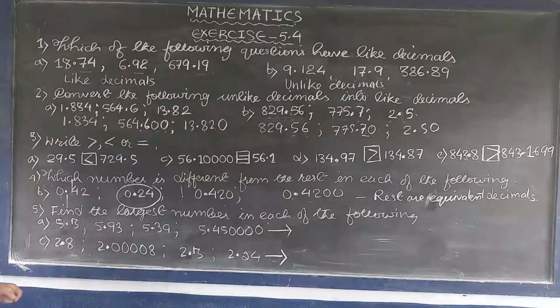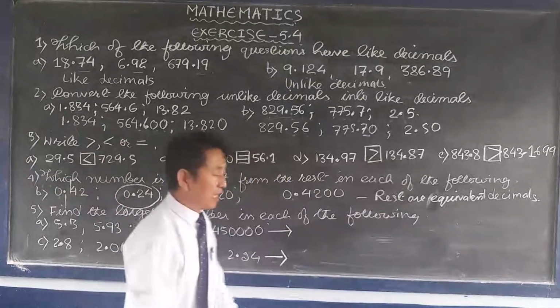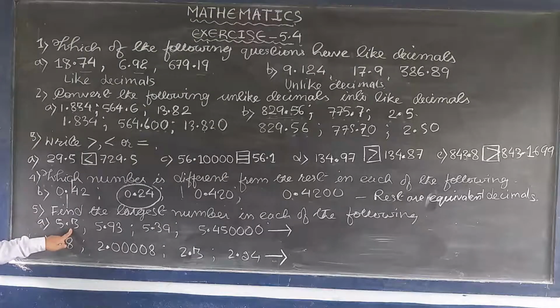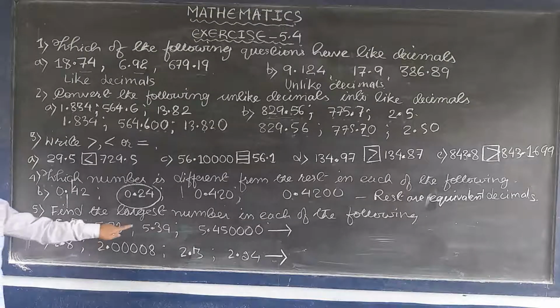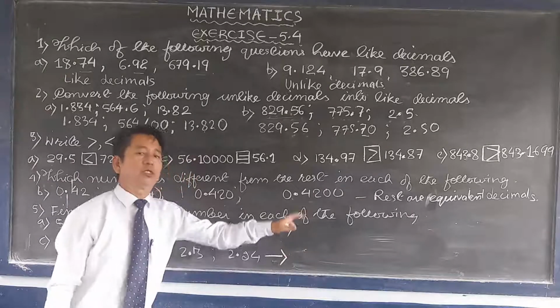Question number 5. Find the largest number in each of the following. A. 5.3, 5.93, 5.39, 5.4, 5.0000.